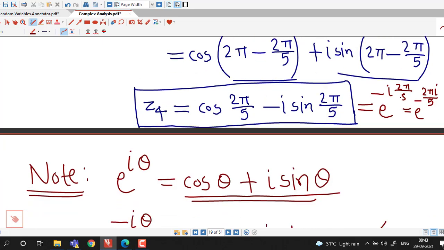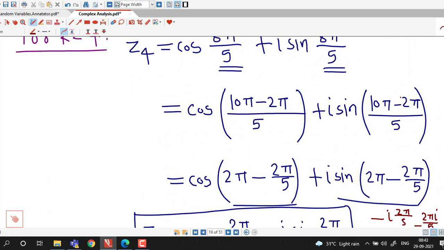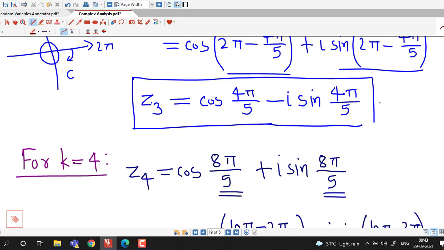So some authors are writing roots in exponential form also. Same thing here, this we can rewrite as e raised to i into theta, but here there is a negative sign, so we have minus i into theta, which is 4 pi by 5, and this we can rewrite as e raised to minus 4 pi i divided by 5.